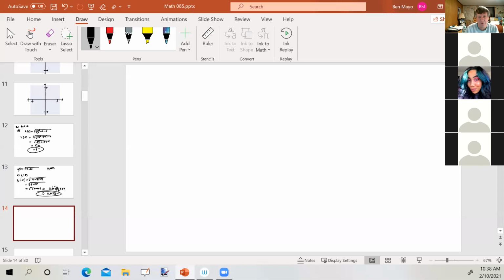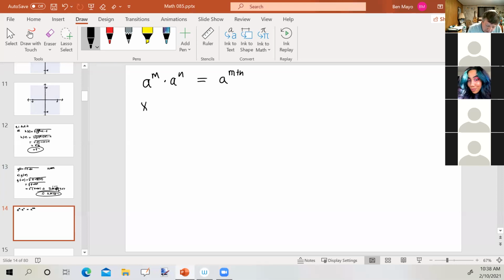Okay, first of all, let's say we've got a to the m times a to the n. So we are multiplying two powers with the same base. In this case, our answer is going to be that base raised to a power which is the sum of the two exponents.